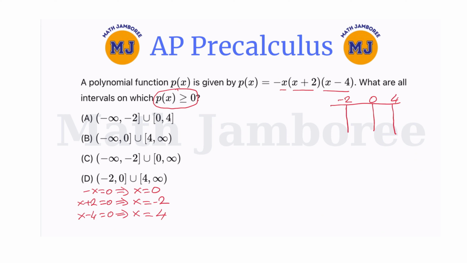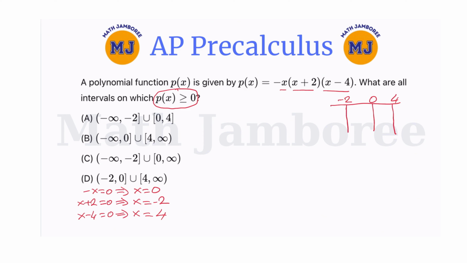So there are 4 regions now, and we're looking for whichever of these regions our polynomial function is positive or equal to 0. So before negative 2, we're going to use some test points.